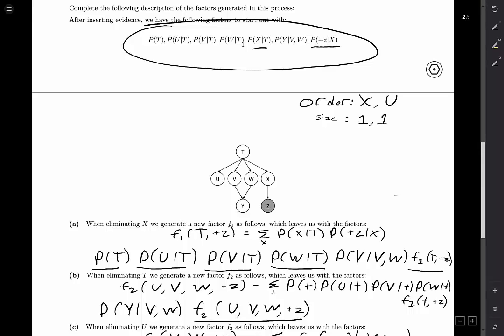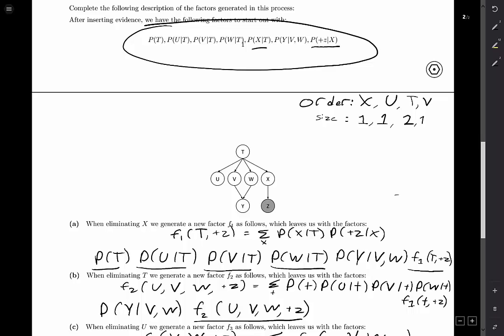Now, let's look through. Okay, so we're going to have t, this middle part is what's left. We can actually start at the top, and if we choose t, the only variables involved are v and w, and they'll be combined. So we'll actually make a factor of size 2. Now we can choose v or w, it doesn't matter. And after that, it would generate a factor of size 2.